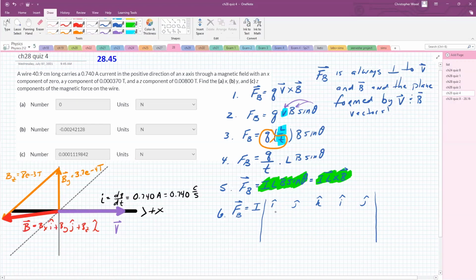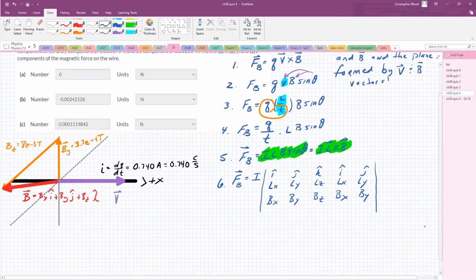And this would be Lx, Ly, Lz, and then repeat Lx, Ly. Because it's L cross B, L comes first, and then B follows: Bx, By, Bz, and then repeat Bx, By.